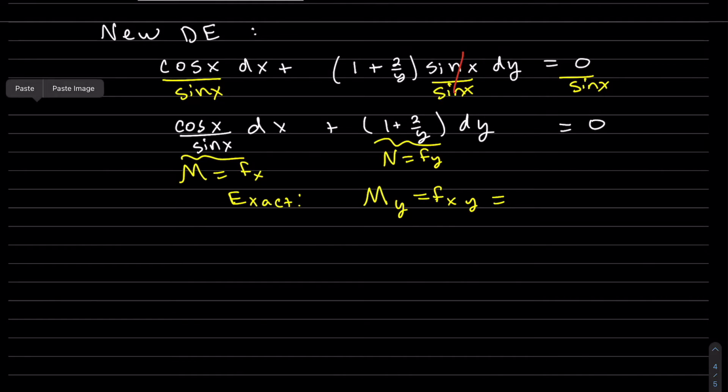Looks like it's 0. And then this one, n, which is f_y. I take x, I take x. And we find that in terms of 0. Oh yes, it's the same. Therefore exact.